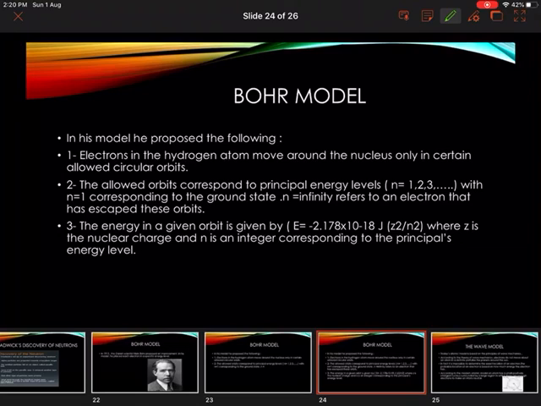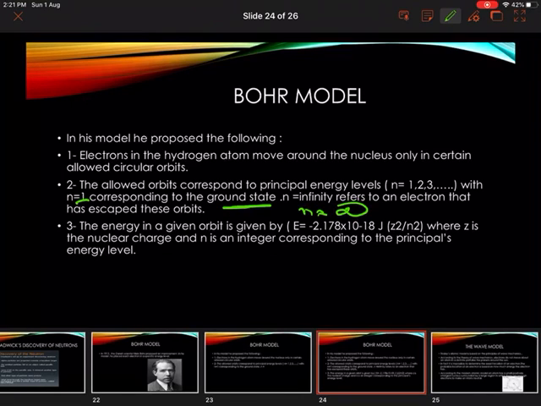So in his model, as we said, the electrons in hydrogen move around the nucleus only in certain allowed circular orbits. The allowed circular orbits correspond to the principal energy levels 1, 2, 3. n equal 1 we call the ground state, and n equal infinity refers to when the electron has already escaped these orbits.